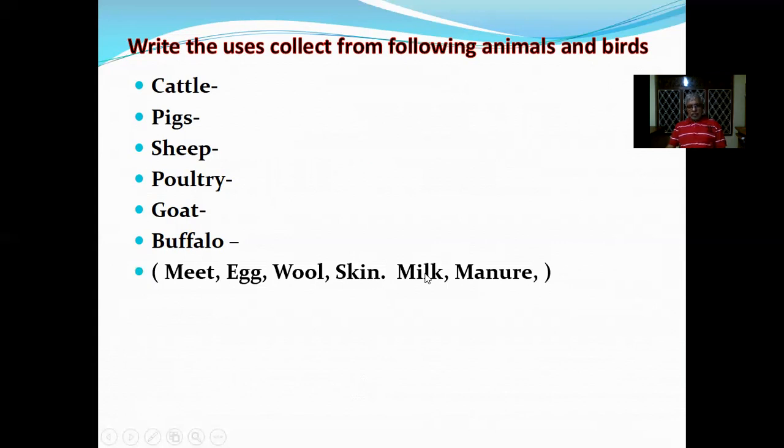Milk is taken. Dairy means taking milk. Manure, cow dung. Then meat, skin, milk, manure are collected from cattle. Like that, you go to these animals and birds, find what uses people collect from them and write in front of them. Take your book, copy it and write, or you can take a screenshot and write them.